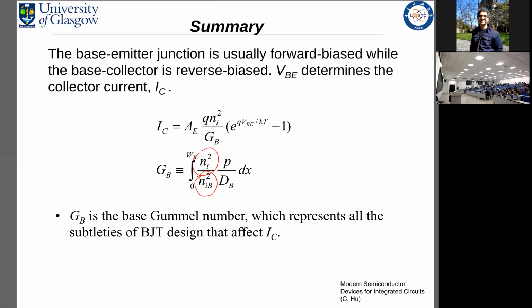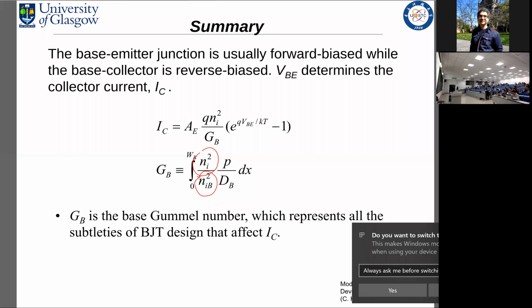In some situations, the base might be made up of a material that could be different from, let's say, silicon. As a result, it would have an intrinsic carrier concentration that would be different from that of silicon. This is why there are these two notations.